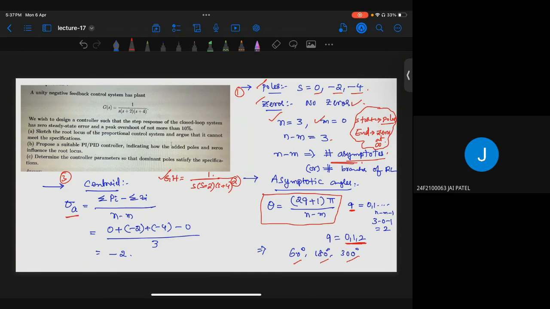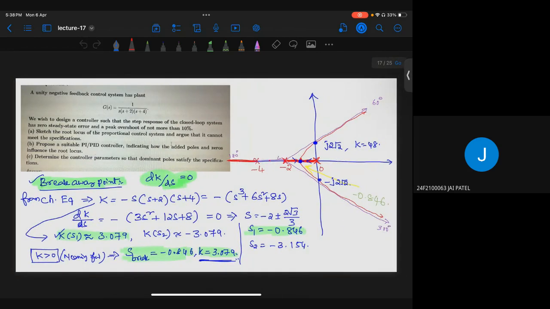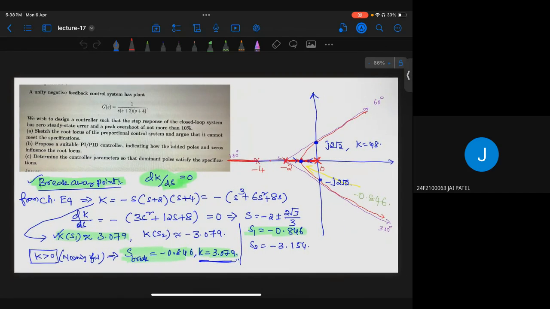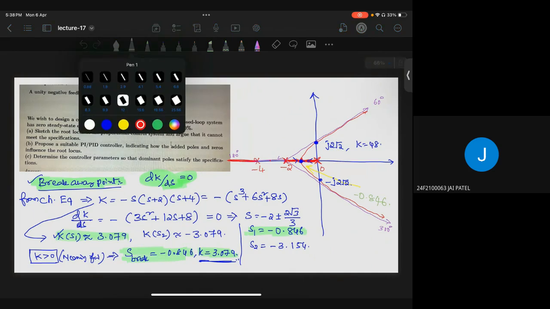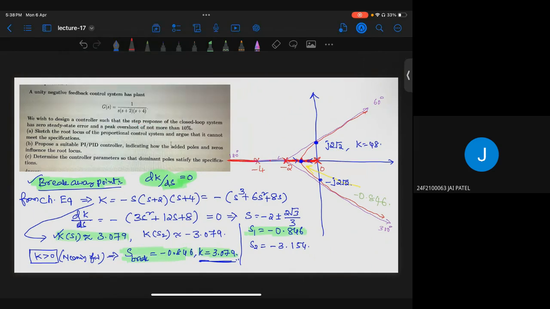Then the centroid. The centroid is as usual the summation of poles minus the summation of zeros, divided by N minus M. The summation of poles is 0, minus 2, minus 4, which gives minus 6, divided by 3, so the centroid is located at minus 2. The poles we have are at 0, at minus 2, and at minus 4.